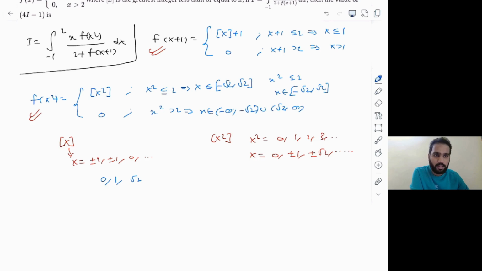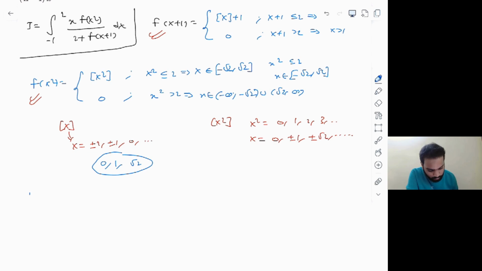Now, out of all these points, the only points which we need to break the integration is 0, 1 and root 2, because only these are the points which are lying in between the given interval minus 1 to 2. So, let's try to break the integration. So, I is equals to, first one would be obviously integral minus 1 to 0, and the second one would be 0 to 1, and the third one 1 to root 2, and finally we need up to 2, right? So the final integration is going to be root 2 to 2.